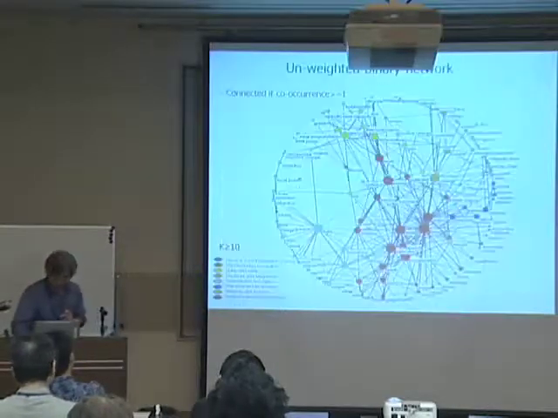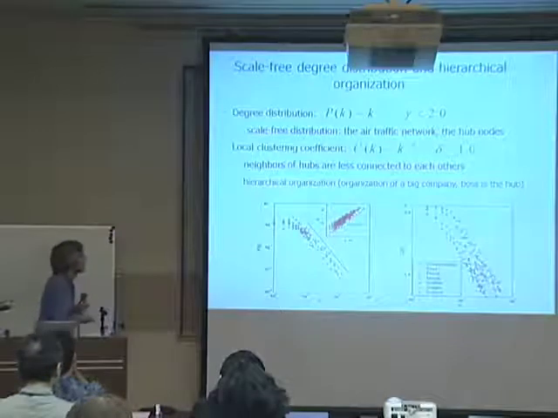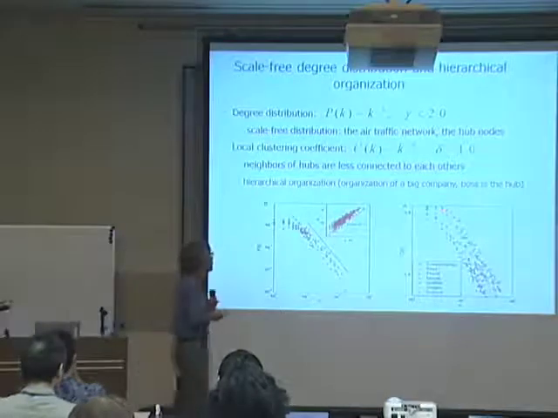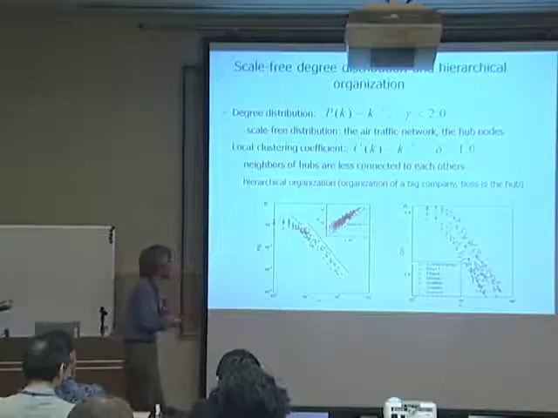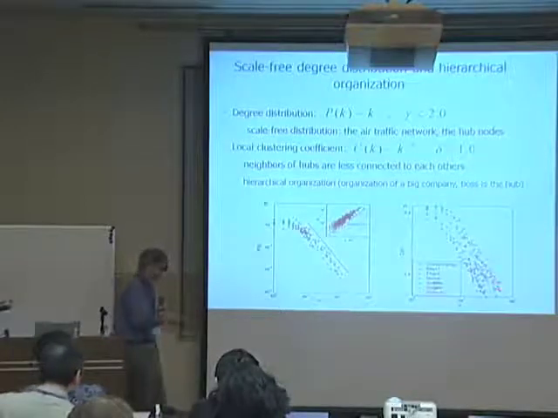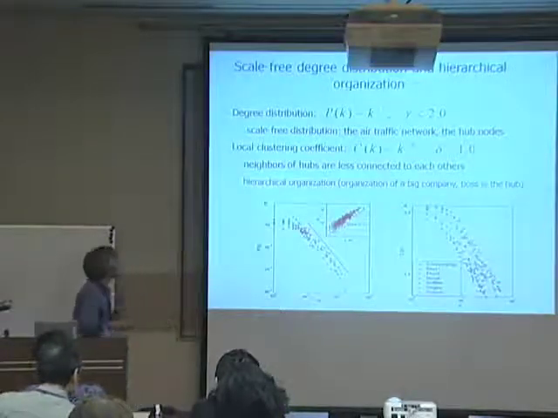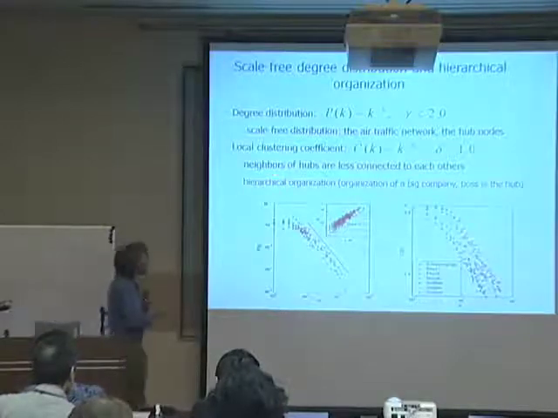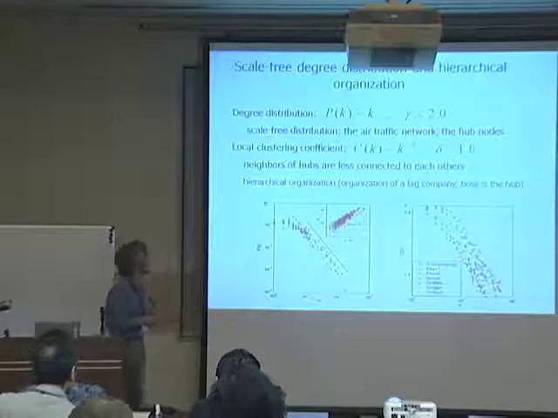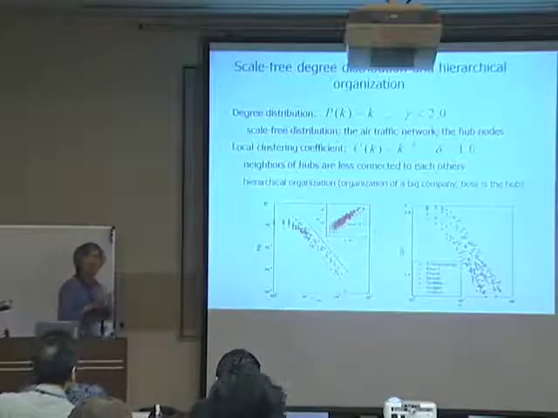And typically, for complex systems, we have the dependence of the local clustering coefficient as a function of k, in a case like this one. This kind of dependence is known as hierarchical organization. It is very like the organization of a big company.